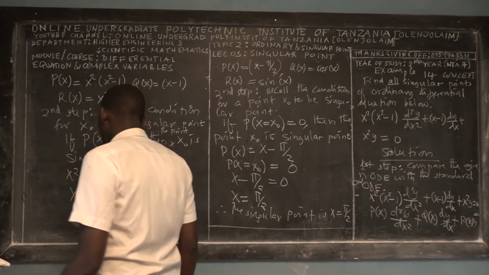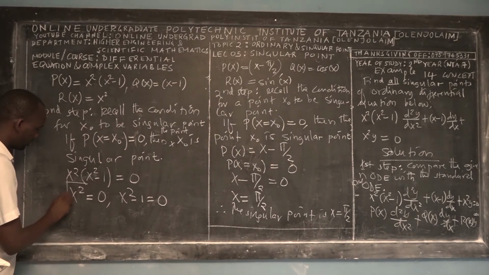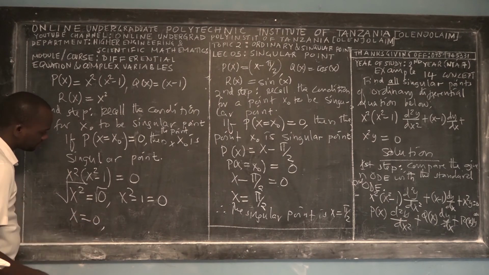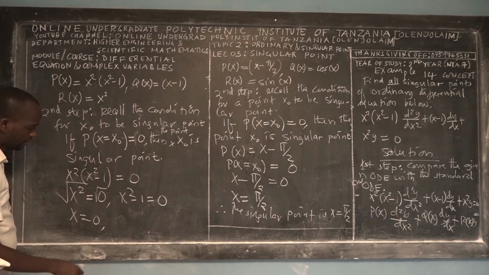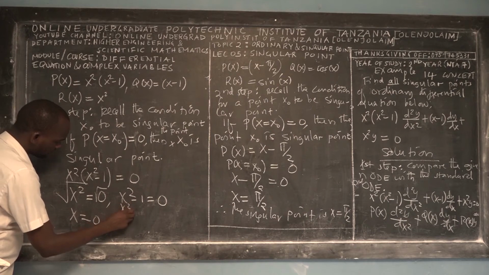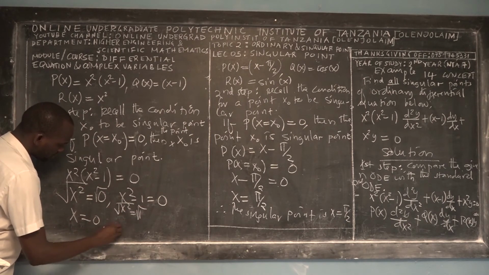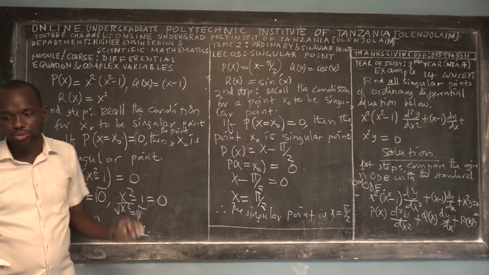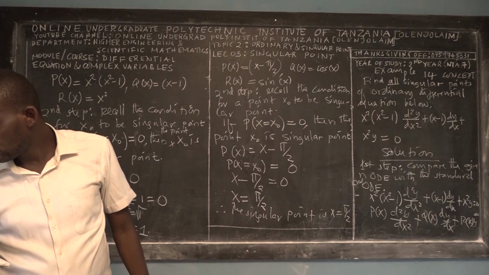So then the next step, we have to find the square root of this value and square root of this one. Square root of x squared is equal to 0, so you have x equal to 0. And x squared is equal to 1. So then you have to find the square root of this. So you find that x is equal to 1. So these are the singular points.